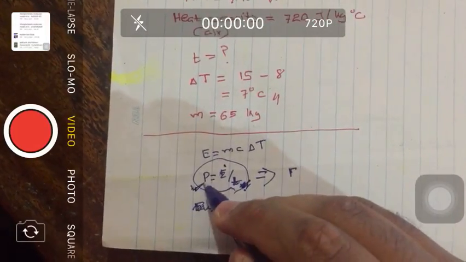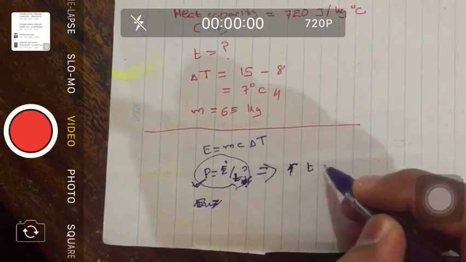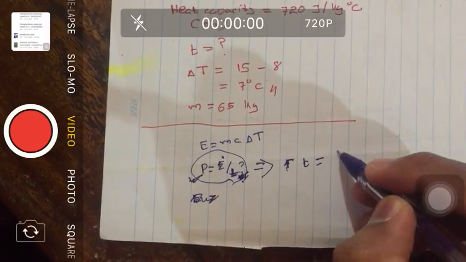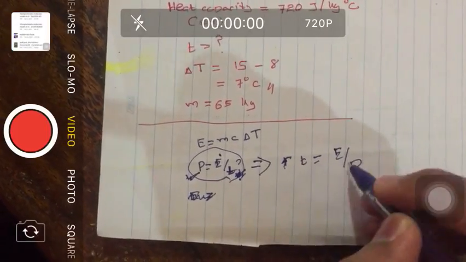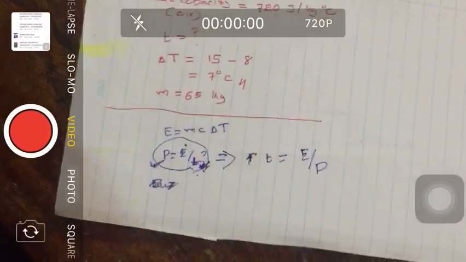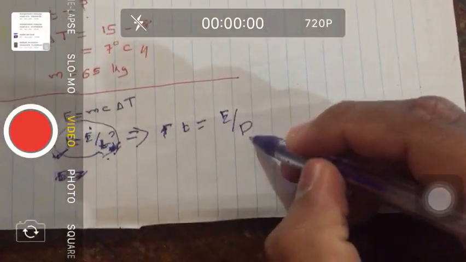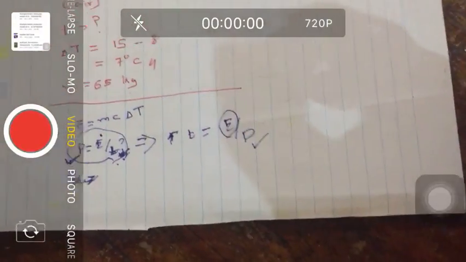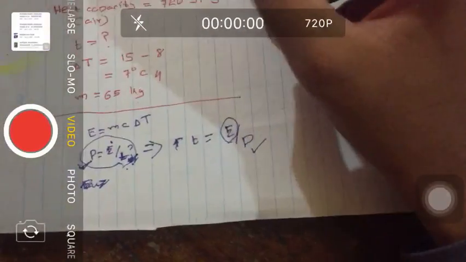Power is given, time is asked. So if I am to calculate the time using this equation, it will be time is equal to energy over power. Power is given, so I need to calculate the energy.